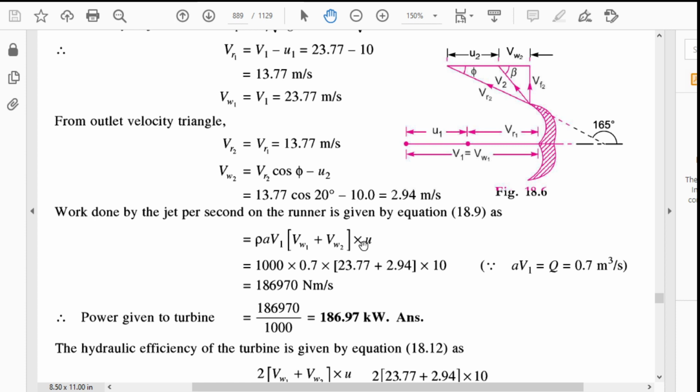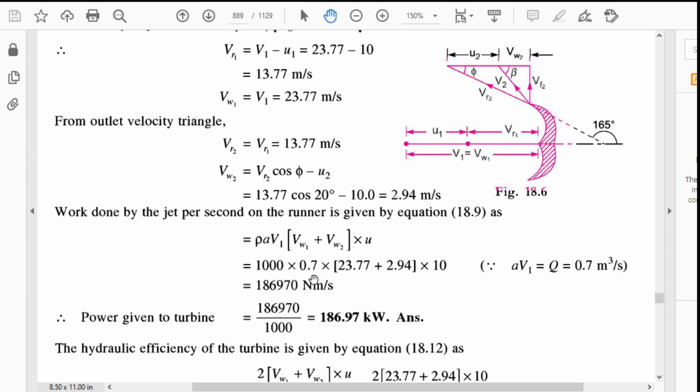Now this work done we have found is the work done by the jet per second on the runner, not per unit weight. So here 1 by G is not given, they have directly taken rho a V1.